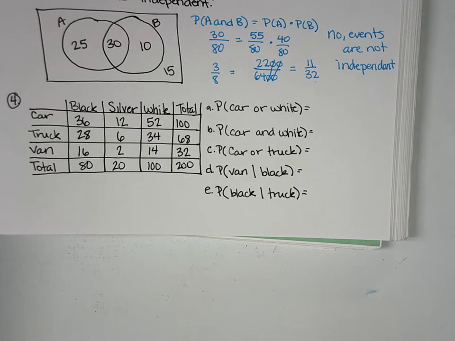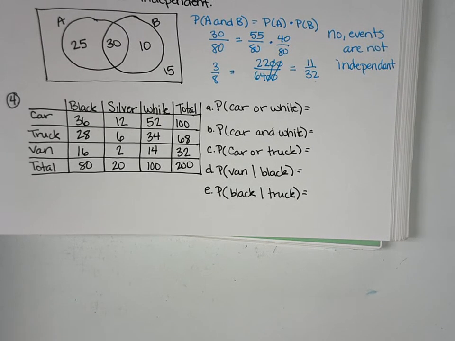Okay. How many total vehicles do we have? 200. One of the biggest mistakes people make is they read the table incorrectly. So are there any questions about how to read the table? I promise someone's going to read this table wrong.